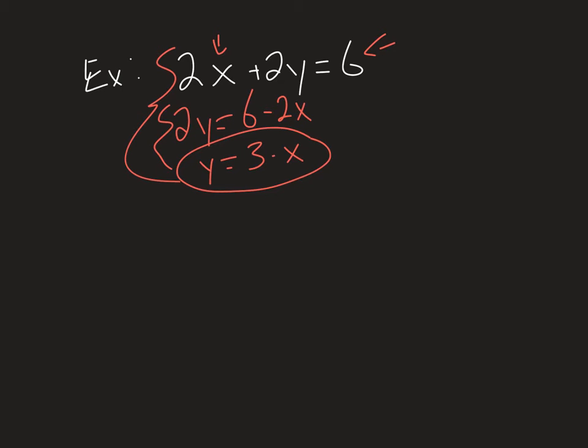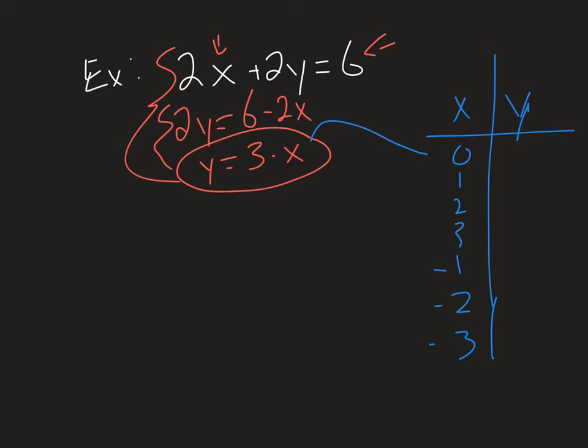So let's go ahead and plug in some points using a t-chart. So we got our x and our y. Let's go ahead and just give ourselves some values. That'd probably be a good start. So let's plug in 0. If I plug in 0, 3 minus 0 is 3, so that means y has to be 3.